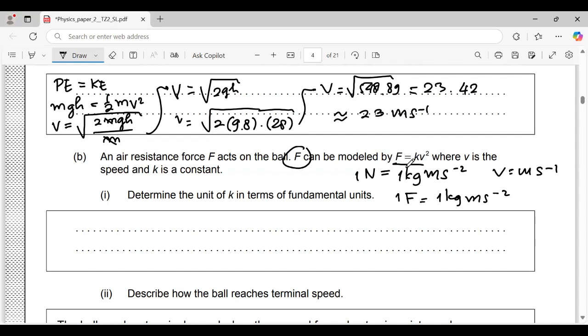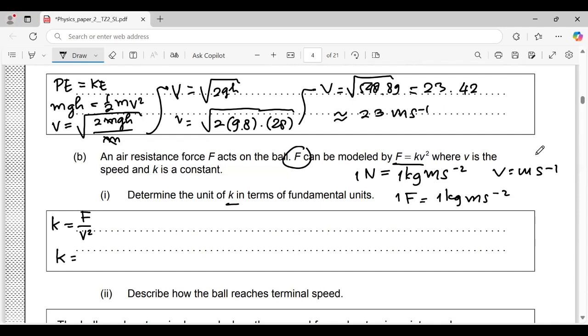According to this information, F equals k v squared. If we are going to determine k, we have to arrange this formula so k is the subject. So k equals F over v squared.